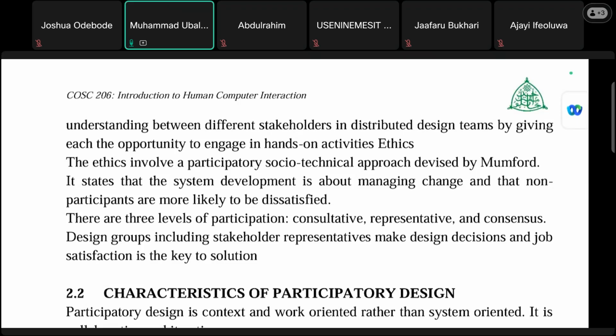And then consensus are people chosen based on selection criteria in order for them to have an unbiased contribution to the system. So we can say that the level of participation here is divided into three: consultative, representative, and consensus.